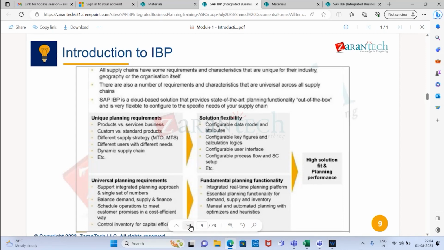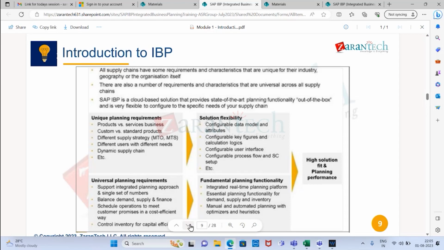Okay, so we'll start off with today's session, continuing the same module that we stopped yesterday. This is still a part of the introduction to IBP.